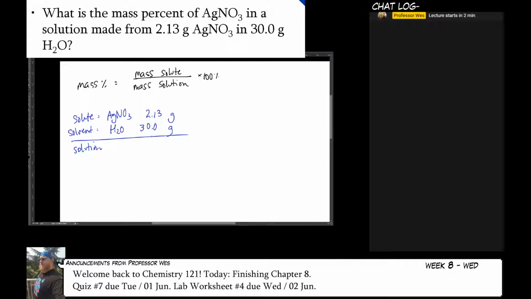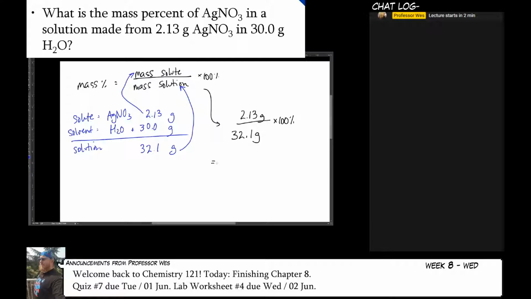The solution is both of them added together, so we'll add them together, taking into account sig figs. And now I can enter the numbers in, so 32.1 goes there, 2.13 goes there. So that's going to be the mass percentage of silver nitrate in the solution.